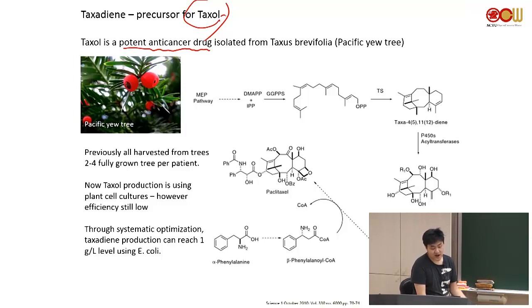Taxol is derived from a plant called the Pacific yew tree. It is derived from a tree, and this is the picture of the tree.